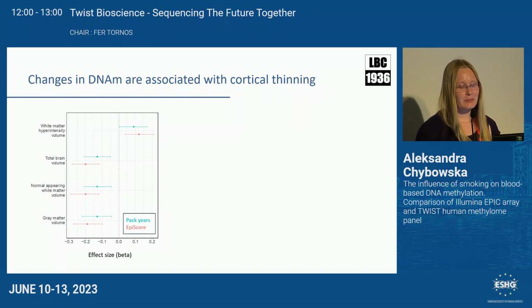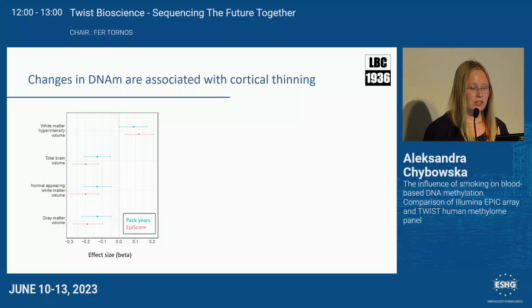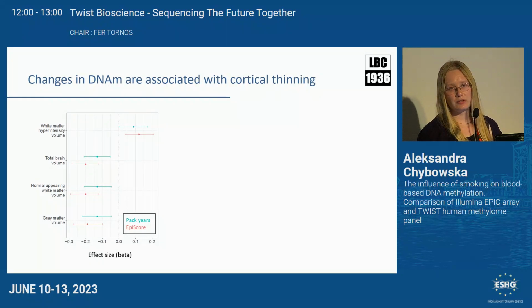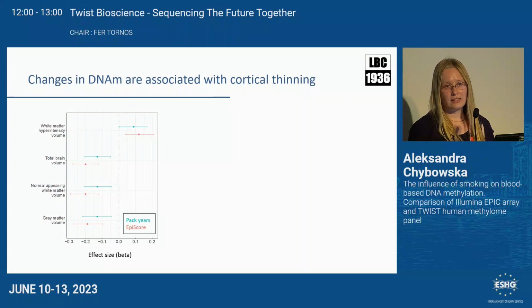Okay, so in the next experiment, I wanted to relate my epigenetic predictor to the changes in the brain. We know that methylation is tissue specific, and I built my predictor based on data from the blood. So I was interested to see if we can use this kind of data to predict changes in the brain tissue. And it turned out that yes, indeed, we can do that.